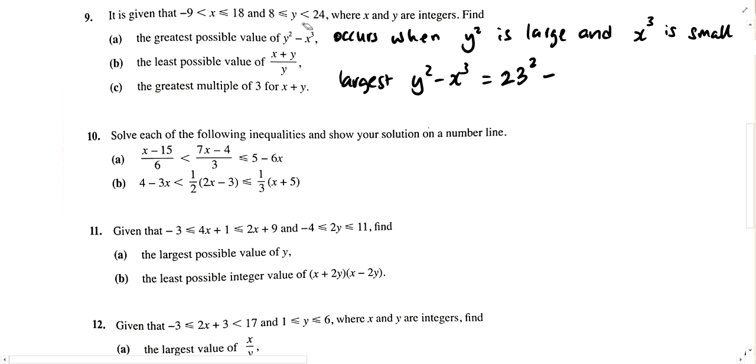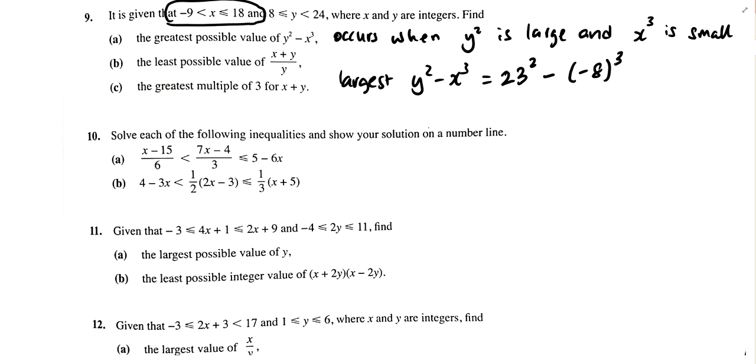When we look at the range for x, it ranges from negative 9 excluding until 18. So the smallest possible value will therefore be negative 8, and we cube it. This requires you to be aware that when you cube a negative number, you will still get a negative number.